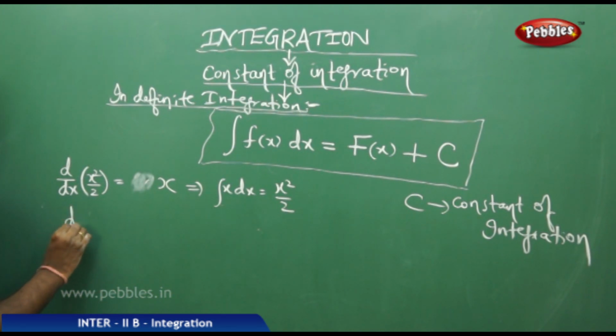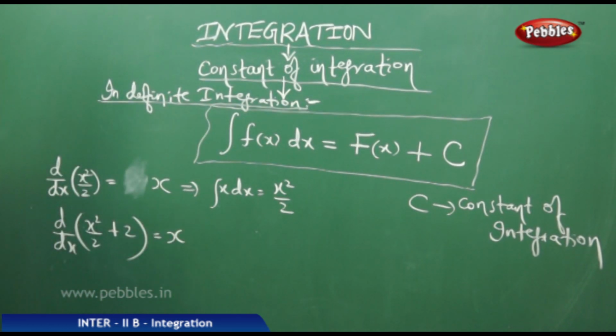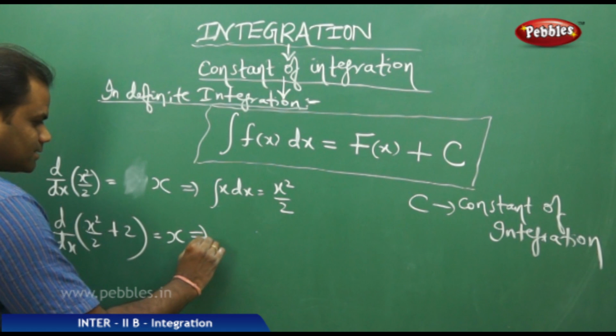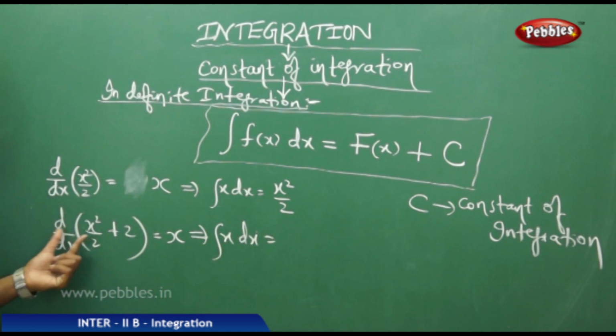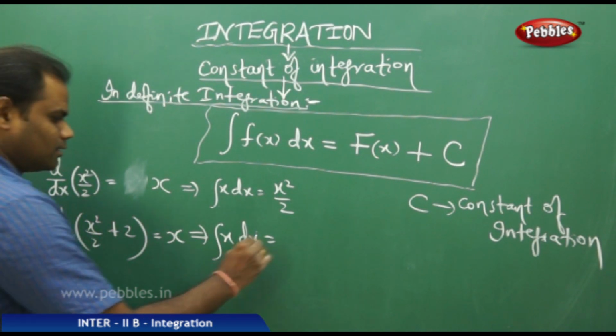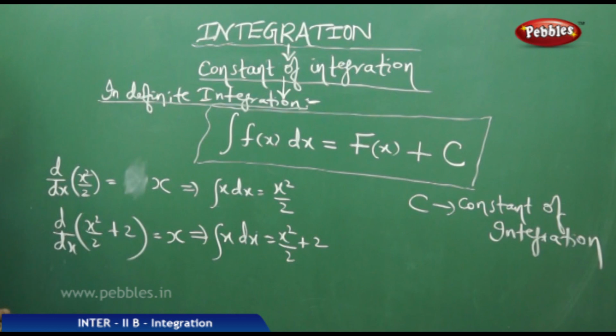Similarly, if I take d by dx of x squared by 2 plus 2, this also implies that the integration on the right side is equal to the anti-differentiation, that is x squared by 2 plus 2. Similarly, if I take d by dx of x squared by 2 minus 3, let's see what will be its derivative on the right.